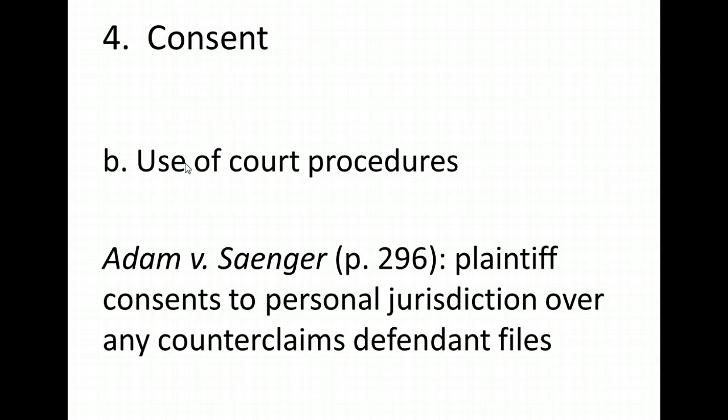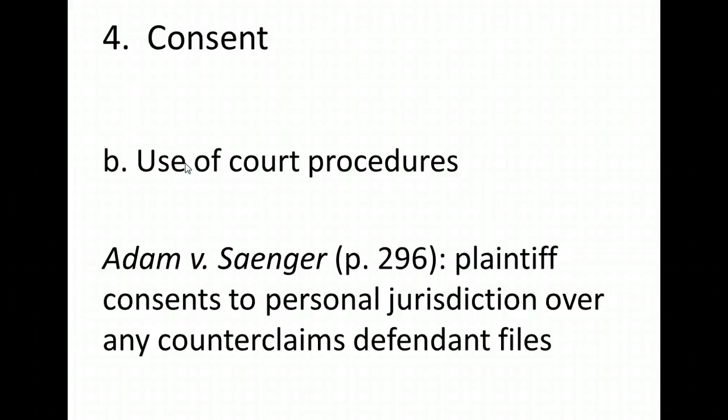Now, I think it should be fairly obvious that if a plaintiff files a lawsuit in a particular state, the plaintiff is, of course, consenting to the court's personal jurisdiction over her, simply by the fact of filing a lawsuit.